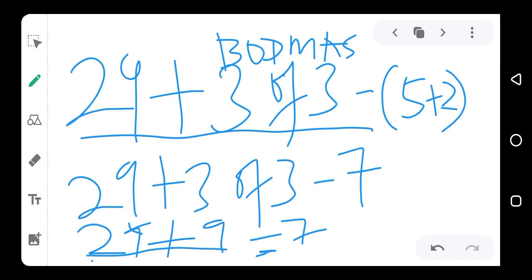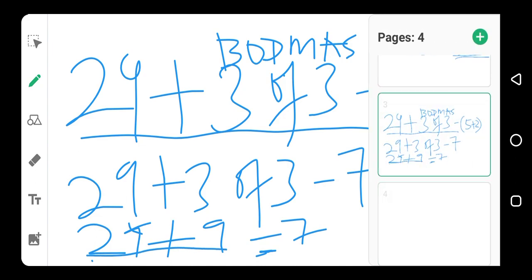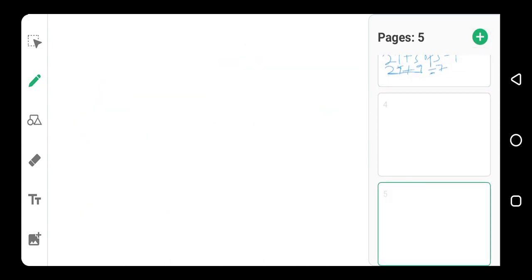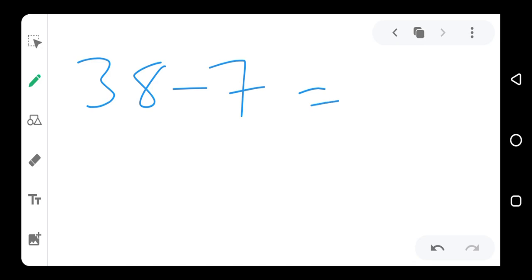So you say 29 plus 9, which is 38, then minus 7. So this is going to give us 31 as the answer. So this is how to solve complex arithmetics using Bodmas.